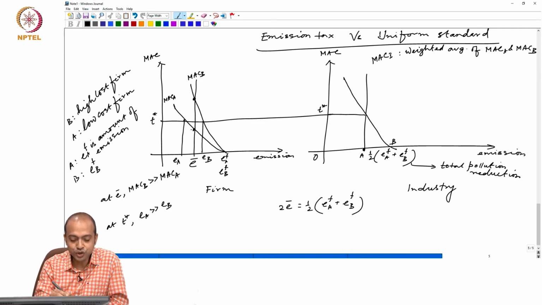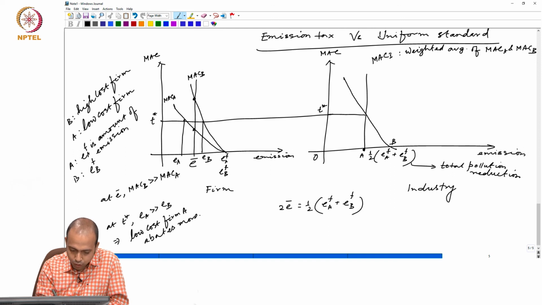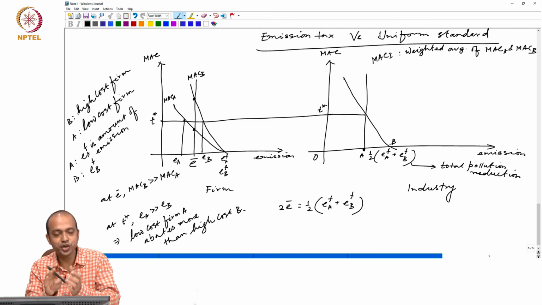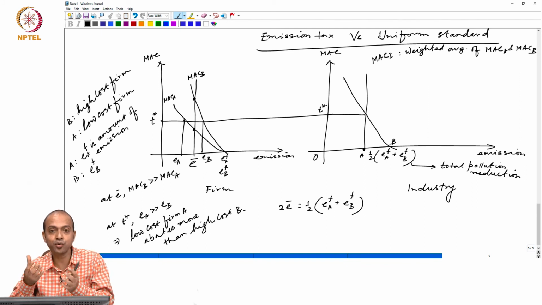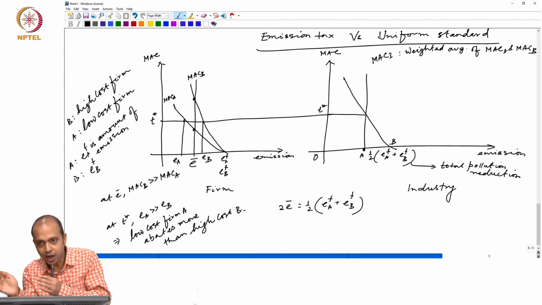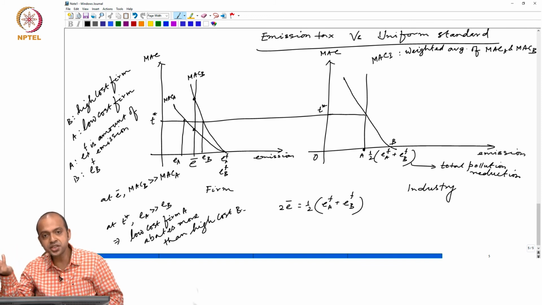So, that means the low cost firm A abates more than the high cost firm B, and that is why emission tax is more effective, because we are redistributing the control responsibility from high cost to low cost. Then the society is achieving the same amount of pollution control at a lower cost.